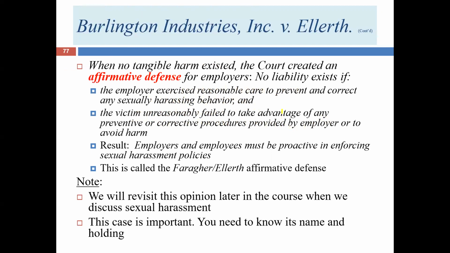So let's say an employer provides sexual harassment training, provides lots of ways that people can complain about sexual harassment, and the employee suffers sexual harassment and never takes advantage of the tools. Well, quite possibly the jury would conclude that that victim acted unreasonably.